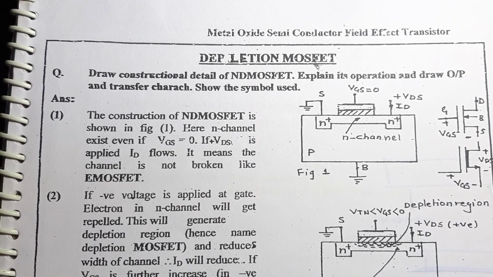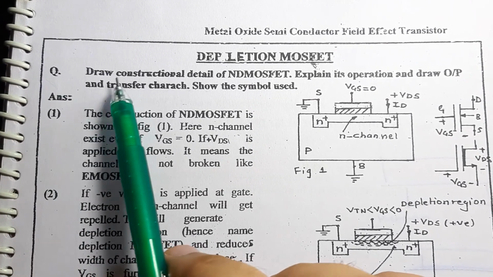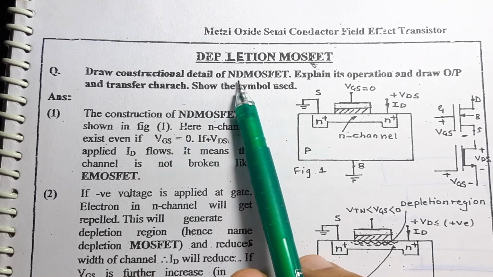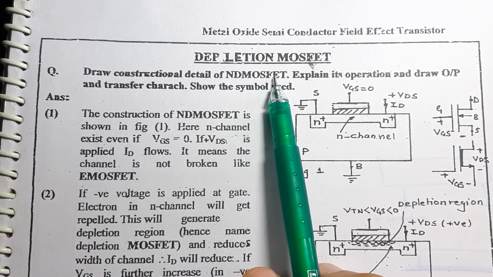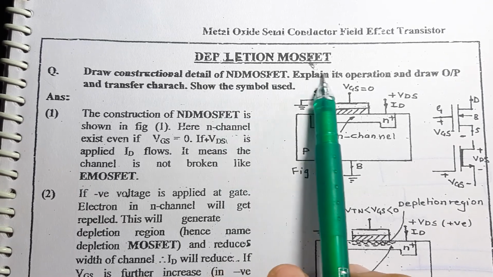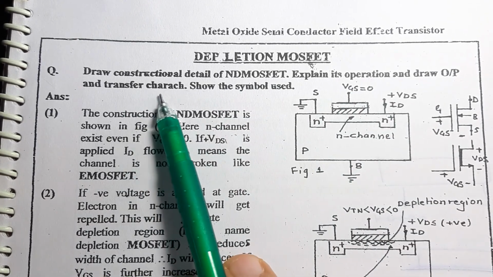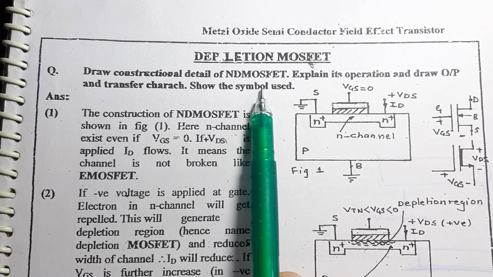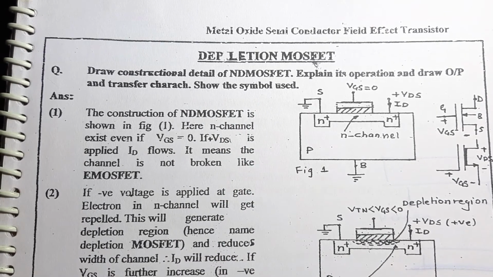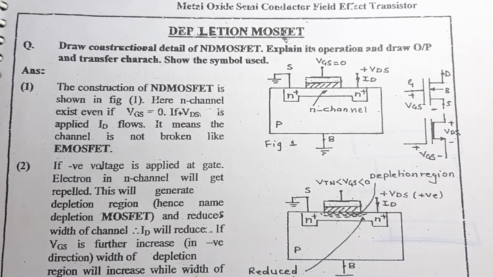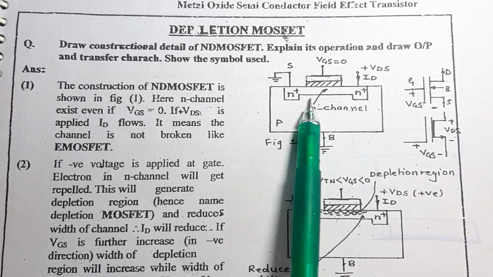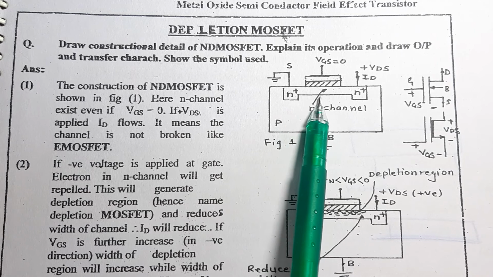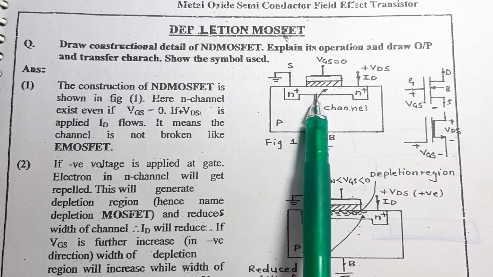Now the question is sometimes asked as: draw the constructional details of an N type depletion MOSFET, or N channel depletion MOSFET, explain its operation, draw the output and transfer characteristics, and show the symbol to be used. First of all, let me give you one clear hint: in a depletion MOSFET the channel is already formed and you don't need to apply certain voltages to make this channel.